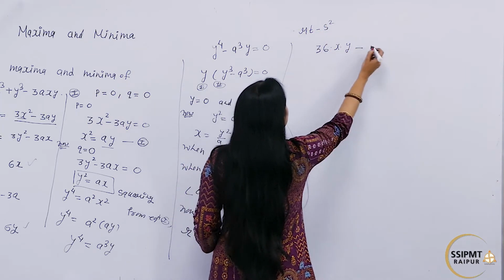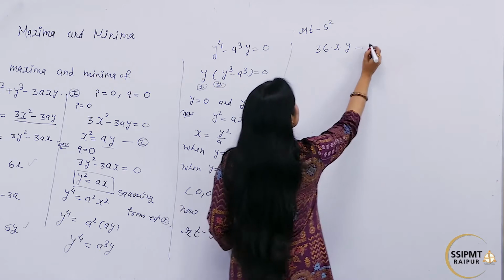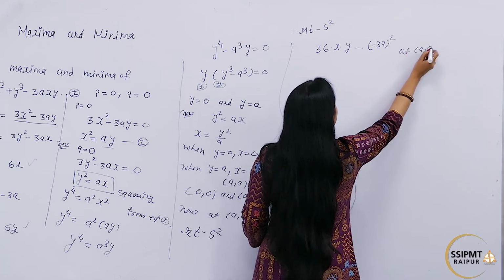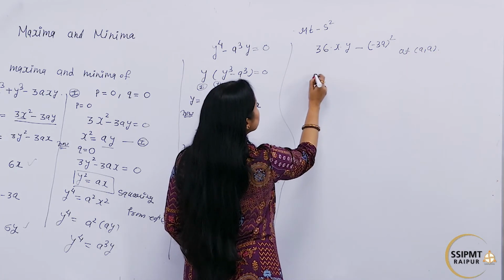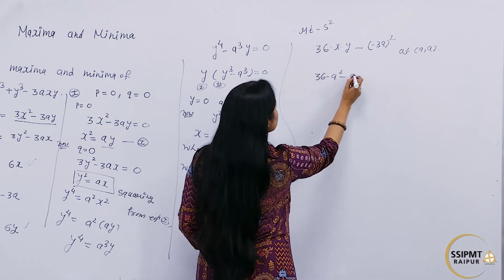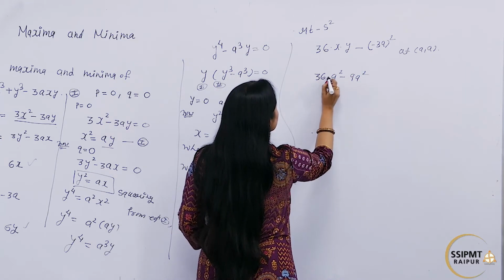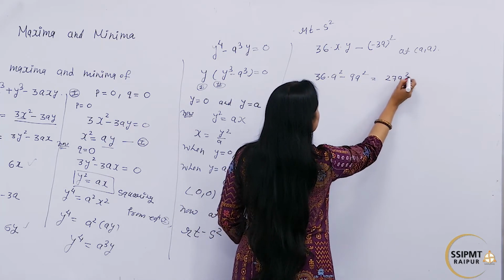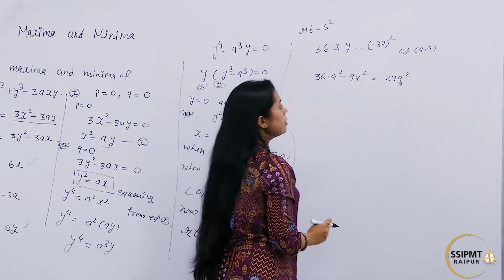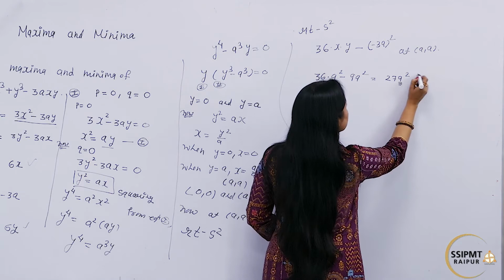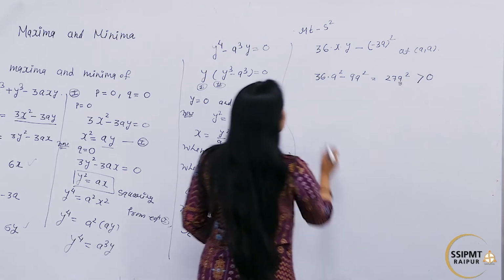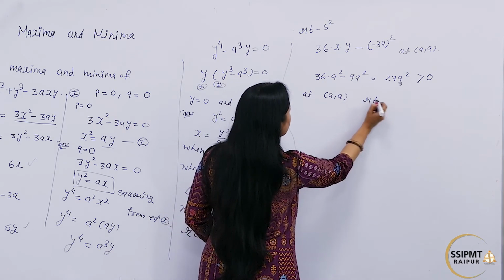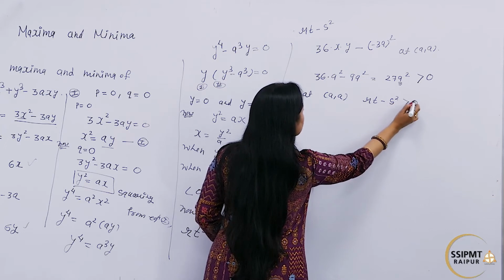Minus s square, and s is minus 3a, whole square. At the point (a, a), it will be 36a square minus 9a square, so it will be 27a square. Since squares are always positive, it is greater than 0.